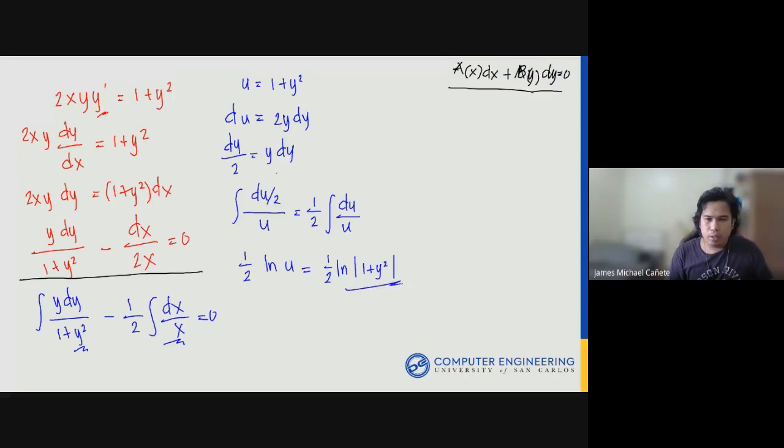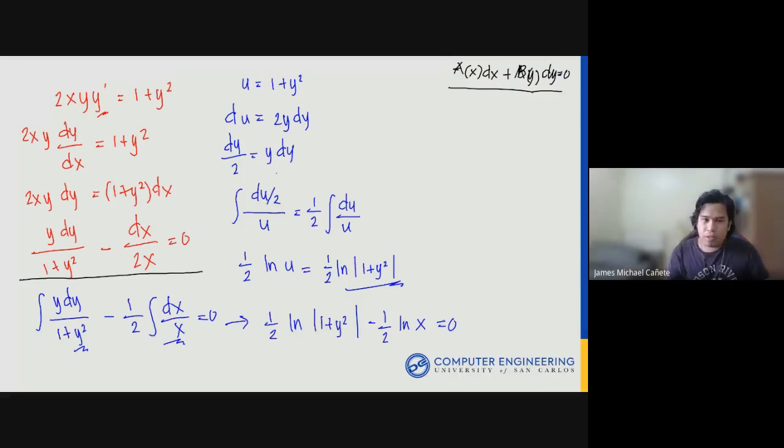So we have the partial compartmentalized solution, and we go back. So this now becomes 1/2 ln of 1 plus y squared minus 1/2 ln of x equal to 0.